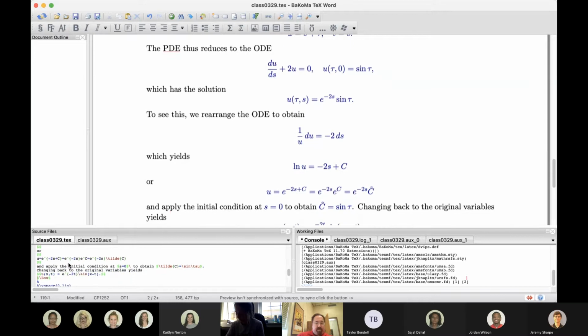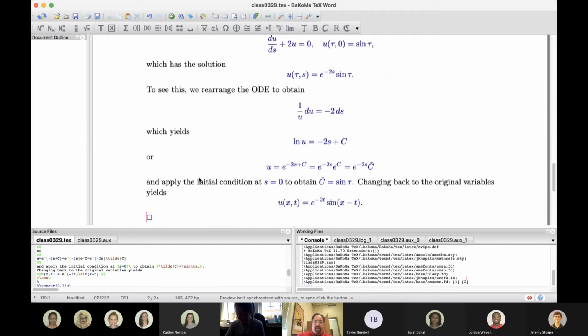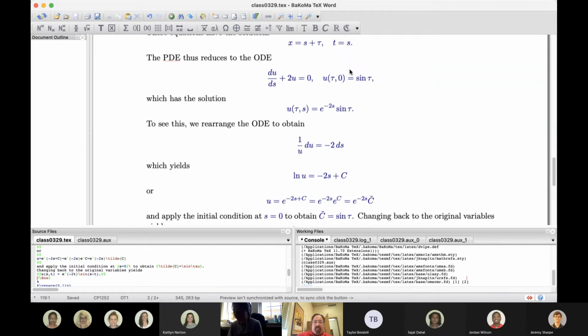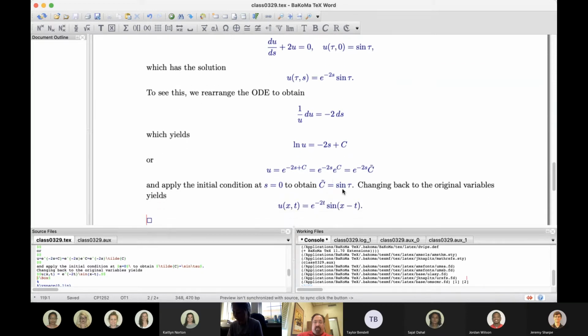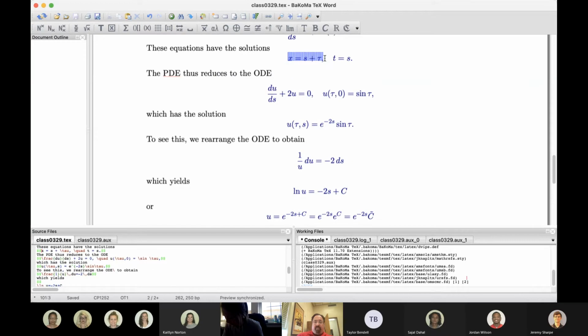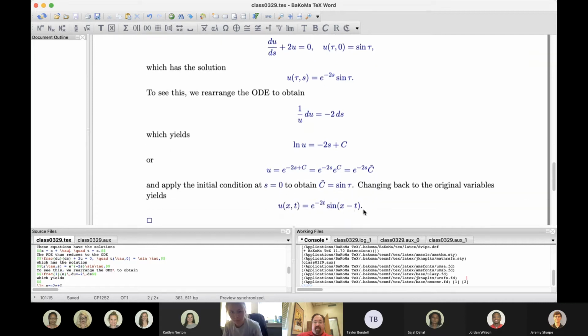Well, we found that t and s are the same, so I can just replace s with t here. And then as for tau, if I go back up here, I can solve this for tau. Tau turns out to be x minus s, but s is t, so tau turns out to be x minus t.